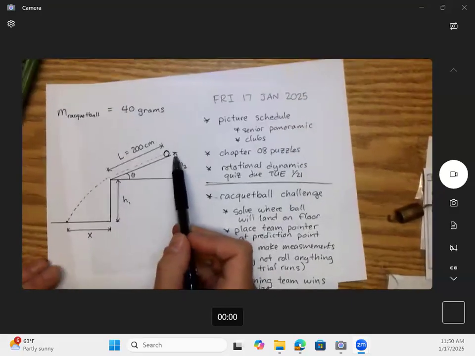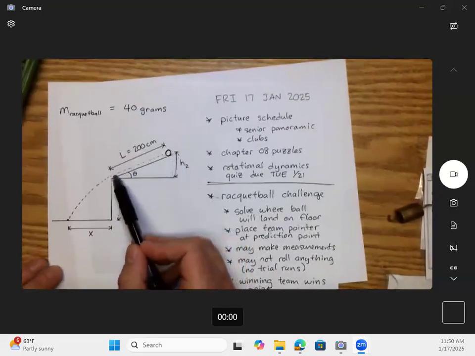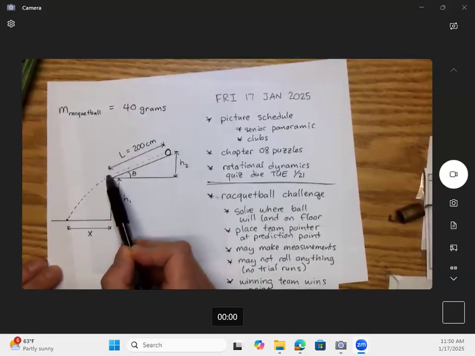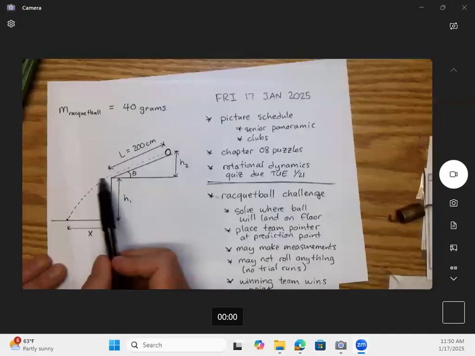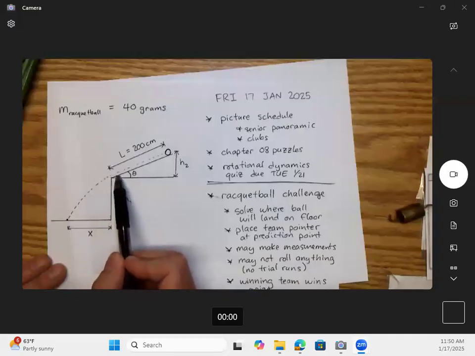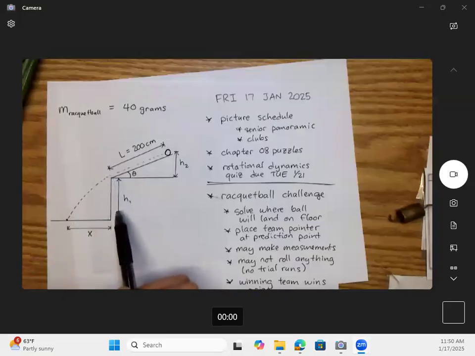So you can use rotational dynamics to solve the ball rolling down the incline, figure out how fast it leaves the edge. Maybe you have to make some reasonable assumptions or find some boundary conditions. Then you split that into components, saying what is it doing horizontally, what is it doing vertically. That vertical motion combined with the height of the lab table, you can determine how much time it takes to reach the floor. And there's going to be a quadratic equation involved along the way.